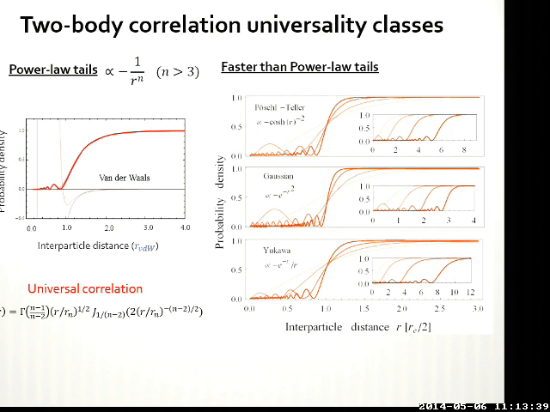The first thing you see is that the curve shifts like this, which means that the effective range is increasing. So it's more natural to scale this wave function in units of the effective range, which is what is represented in the main graph. But still, you see that they don't superimpose nicely as they did before for the power law potential. So it seems that there's no particular universality emerging from the two-body problem for these potentials.